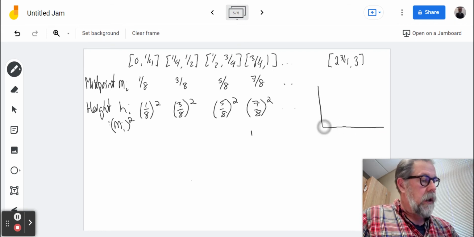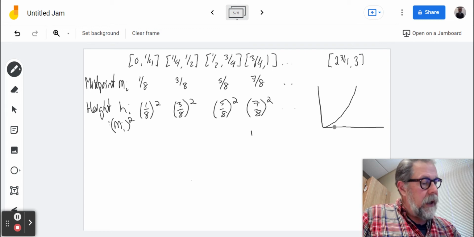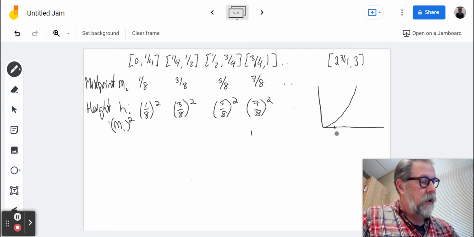Now let me just make sure we're able to visualize this. Here's my curve, and here's my first interval. So there's 1/4. And if I draw this rectangle it looks like this.